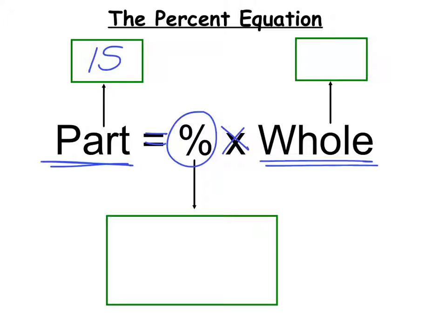So we're going to put that in our first box. When we are finding the number that represents the whole amount, the keyword is going to be "of." Those are some words we want to pull out of our problem so we know which number correlates to the part and which number is going to correlate to the whole.